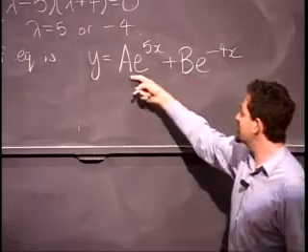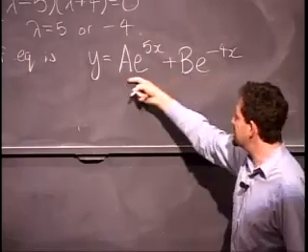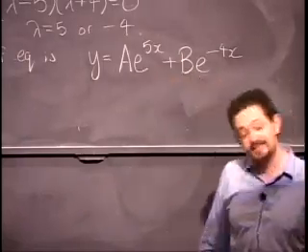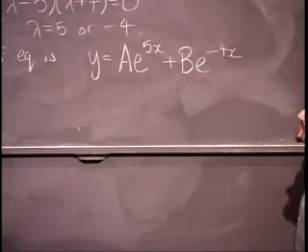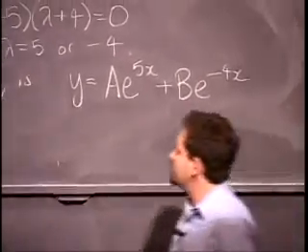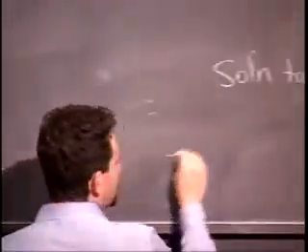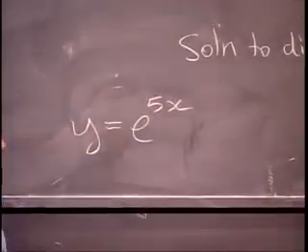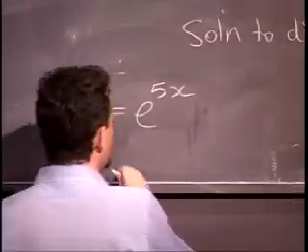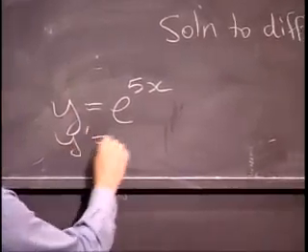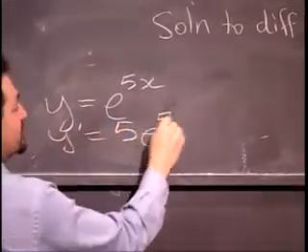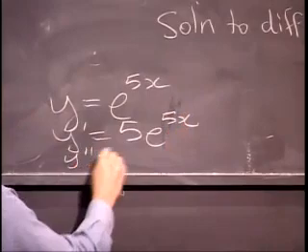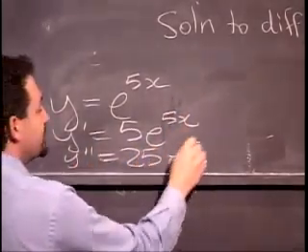If you differentiate this plus this, it's the same as differentiating them one by one. And the same with the second derivative. So everything will just sort of split up. So I don't know, check e^(5x). Suppose y is this. We'll check that that's the solution. What is y prime? It's 5e^(5x). And y double prime is 25e^(5x).